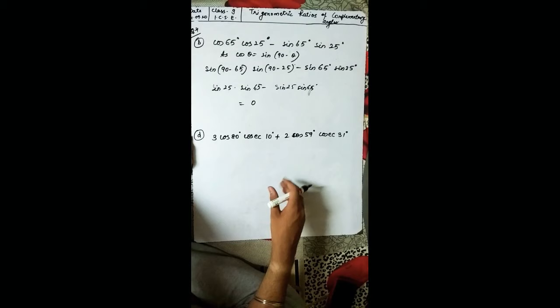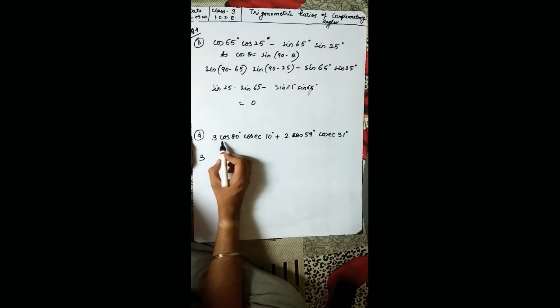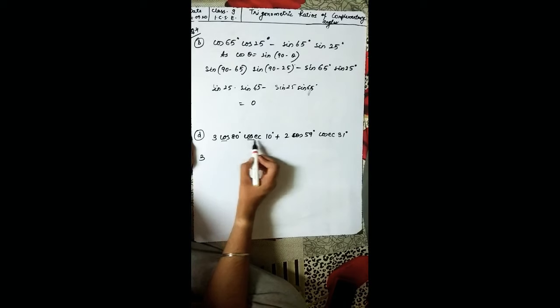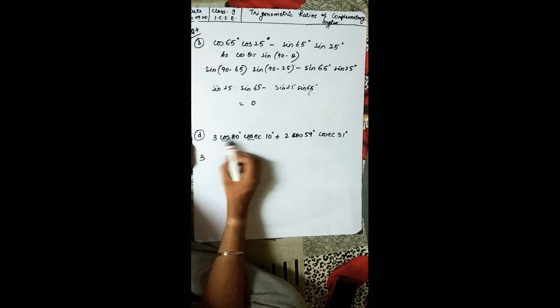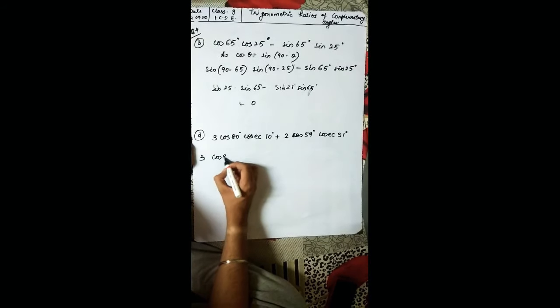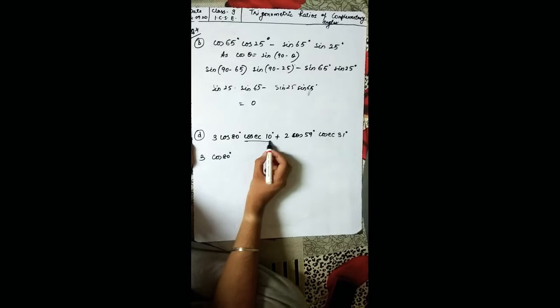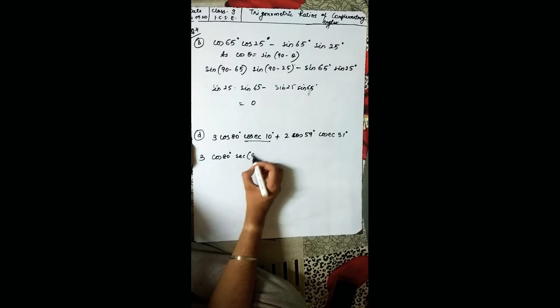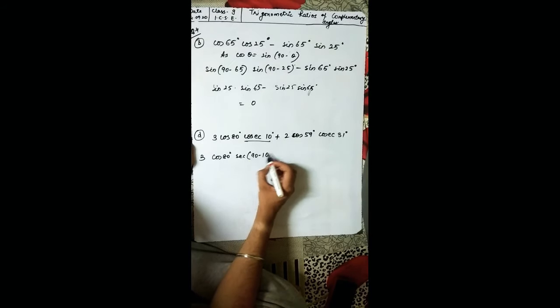Similarly, if you see this question, you can understand this cos and this cosec. If I change this cosec into sec, then this cos and sec will get self-adjusted. So we are writing this cosec theta as sec 90 minus theta.